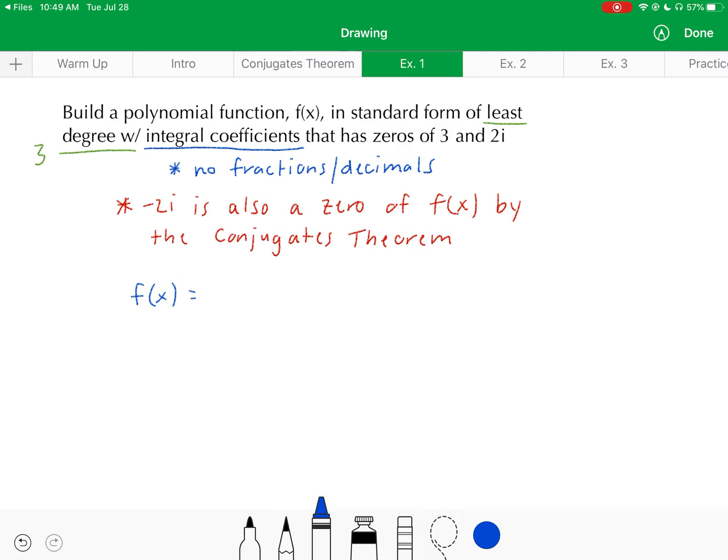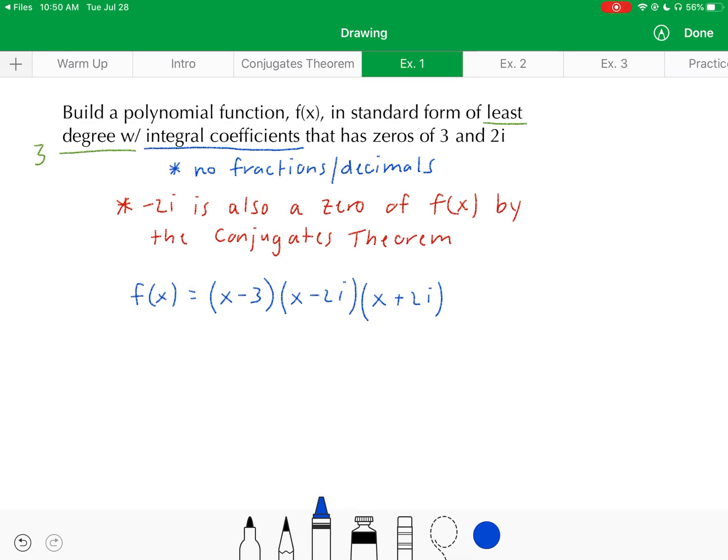Each zero can lead me to a linear factor of the function. So if 3 is a zero, then x minus 3 is a factor, okay? If 2i is a zero, then x minus 2i is also a linear factor. And if negative 2i is a zero, then x plus 2i is a factor, okay?